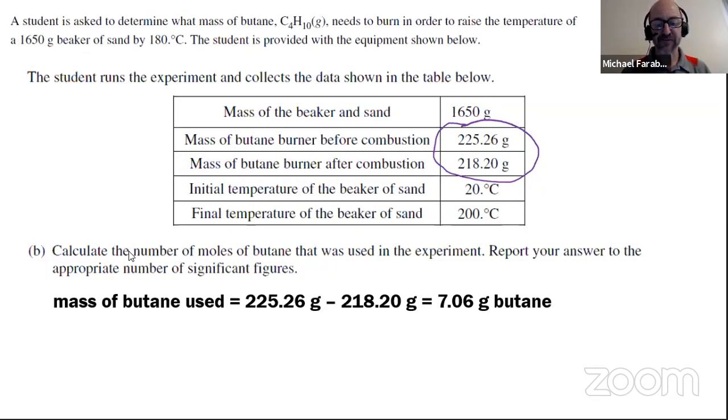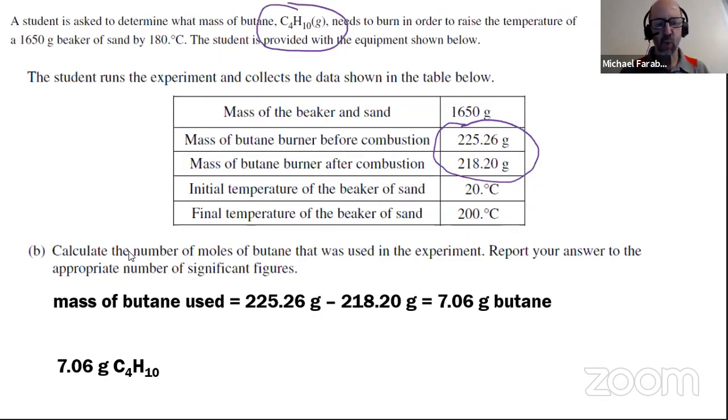So I'm going to have 7.06 for my answer for grams of butane, but I'm not done yet. I've got to go to moles. And that has 3 significant figures, so 7.06 grams of butane, and they do give us, in this problem, the formula of butane, although it was not listed in the table itself, it was up there in the stem of the question.